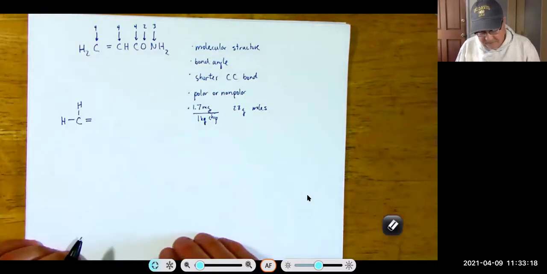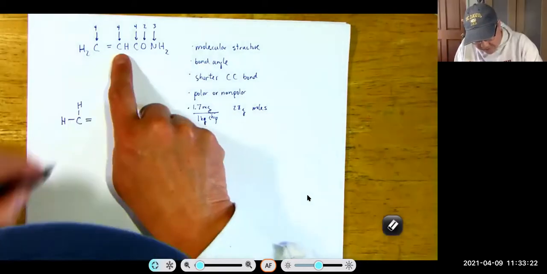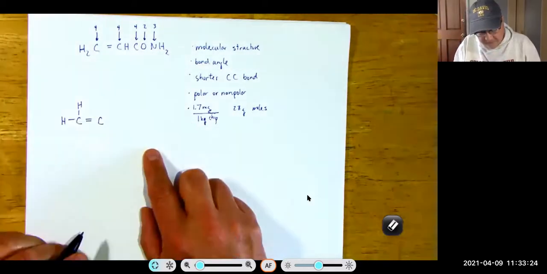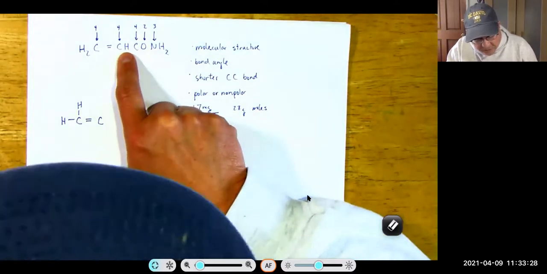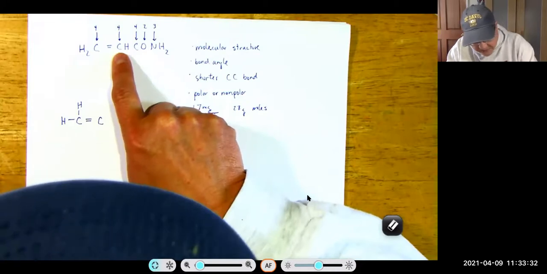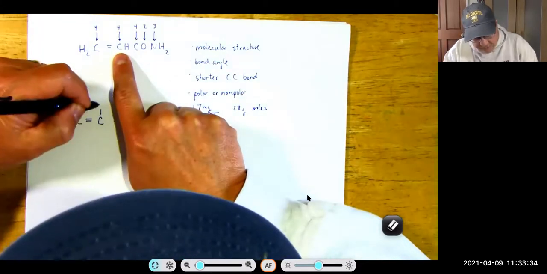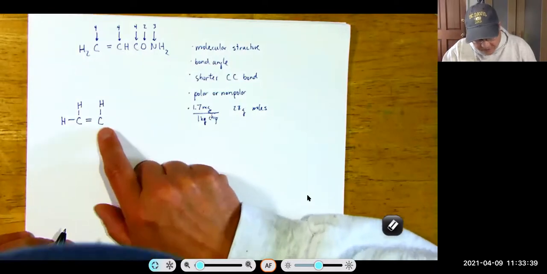Fair enough? So these 2 carbons are bonded together. And then where are we going to put that hydrogen? I can put it bonded to this carbon, or I can put it bonded to this carbon here to the left. And I think I have room for it, so I'm going to just try it and put it there. So how many bonds do I have to this carbon now?